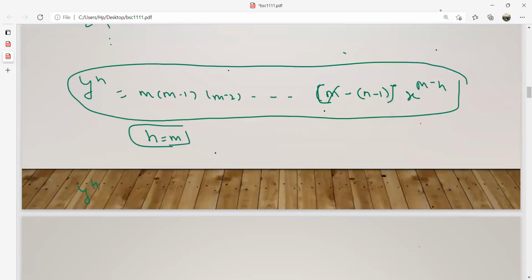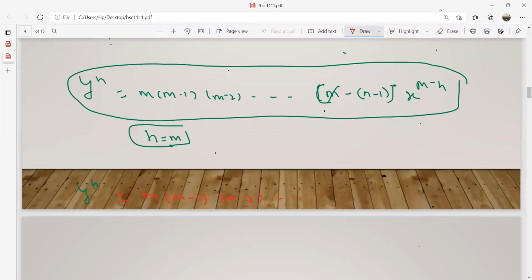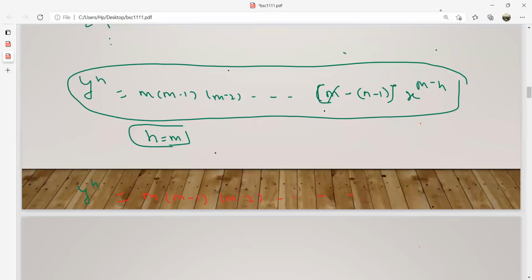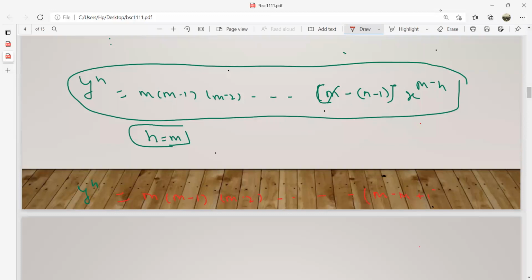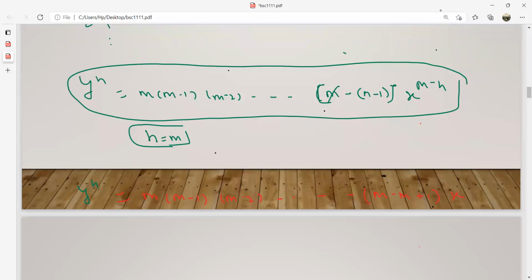Suppose n equal to m, the degree of the polynomial and the derivative order are the same. So in this case, the value of this expression can be written in the form m into m minus 1, m minus 2, and so on, up to m minus m plus 1, and x to the power m minus m.